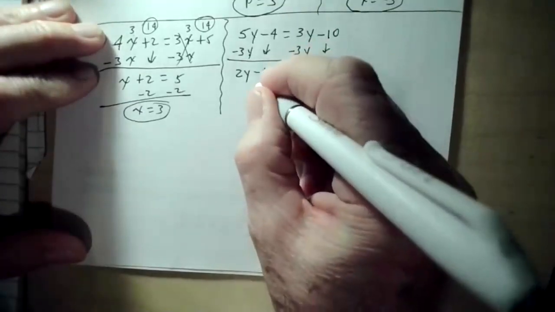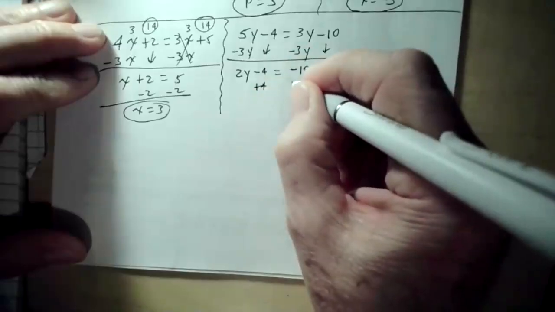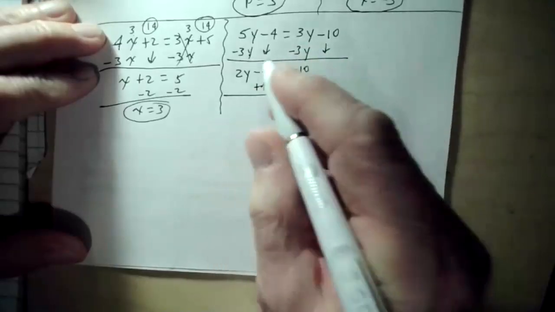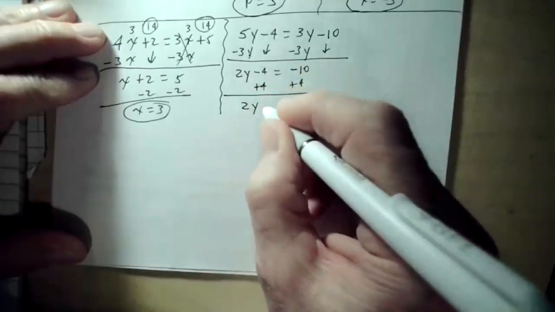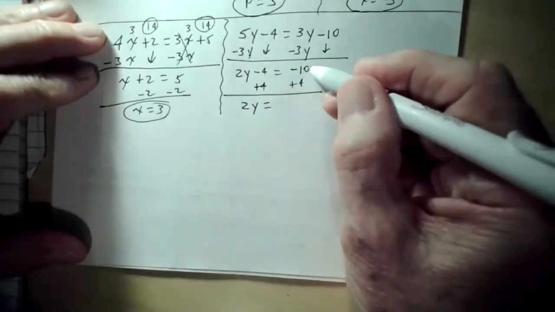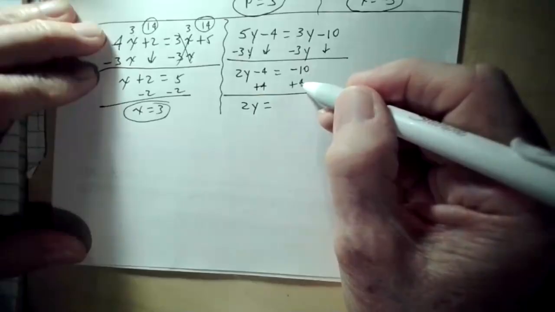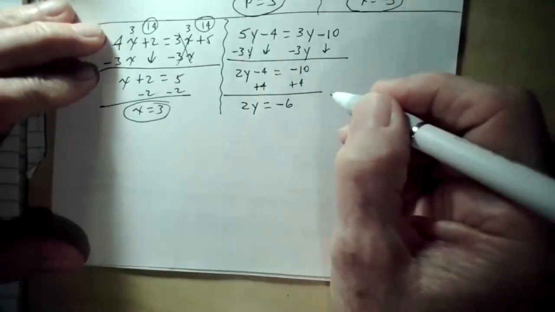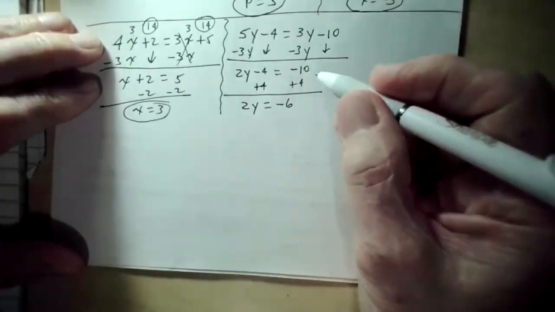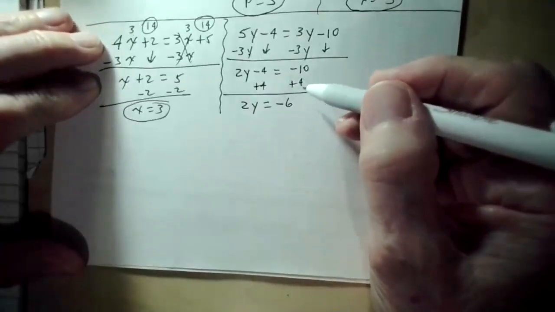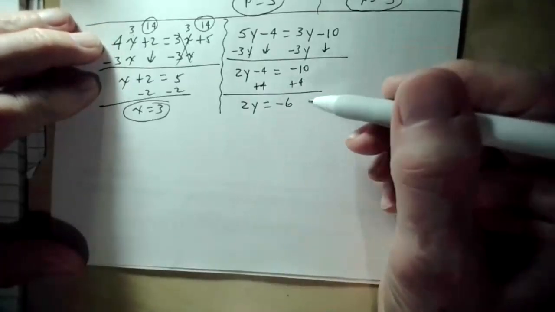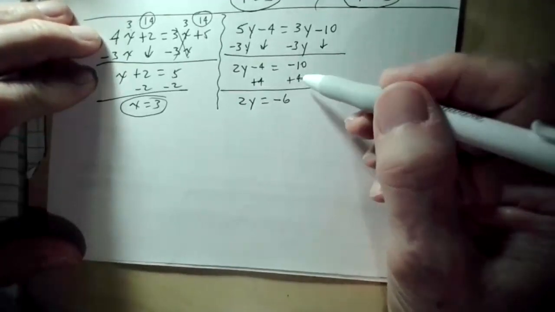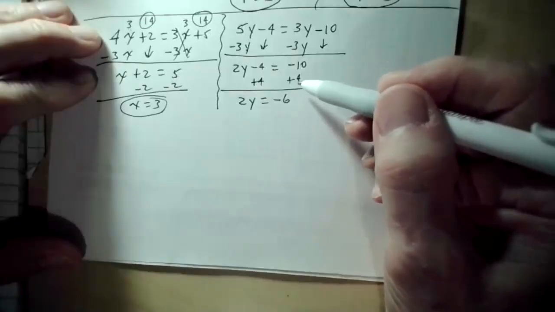Now we get rid of addition subtraction, so we're going to add 4 to each side. Do the opposite of whatever it says. Then we get 2y equals a negative 10 plus 4 is a negative 6. Right? Right. And if you're not sure about all these negative numbers, use your calculator.